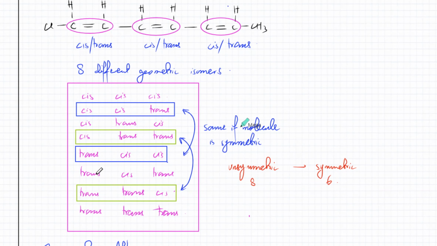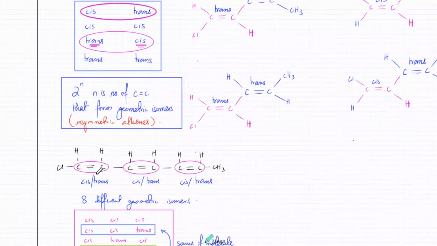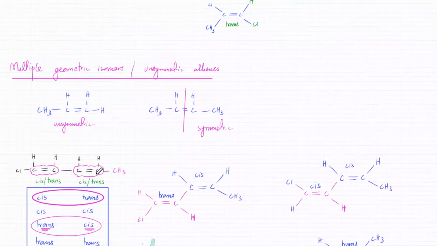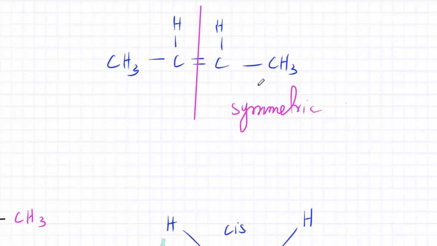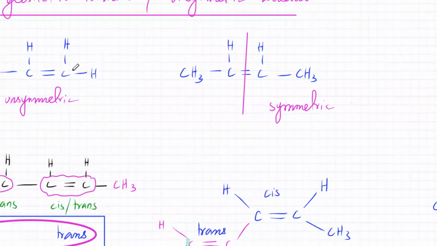So basically, when you have a symmetric alkene, you go from left to right, or from right to left. If it reads the same thing, it's the same thing. If cis comes first and trans later, or from the right side trans comes first and cis later, it's basically the same molecule because the left and right side are the same.